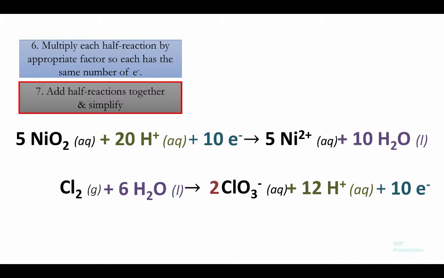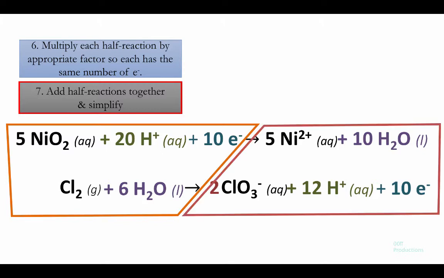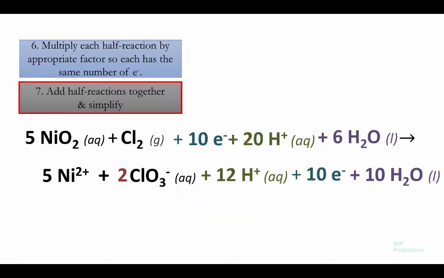Take everything on the left side to make your reactant side. Take everything on the right side of the arrows to make your product side. And you end up with a huge equation, which obviously needs some simplification. So we have our electrons canceling, which of course is the sign that we have everything done correctly. We have a bunch of hydrogens. Now, these don't cancel out completely.